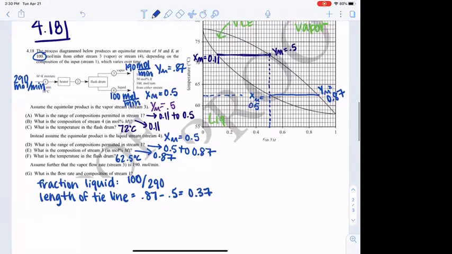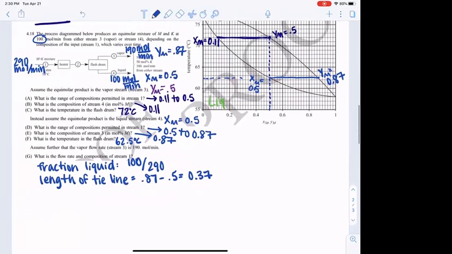So then we know that the length of our vapor arm over the length of our total tie line, so that's 0.37, equals the fraction that becomes liquid, which is 100 over 290. So we can use that to solve for the length of our vapor arm.